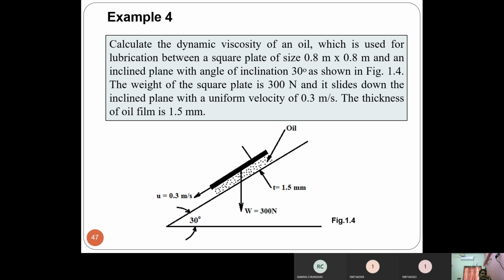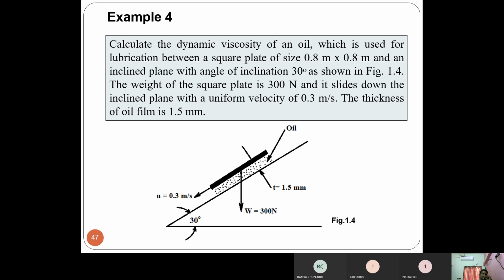This is 30 degrees and this is 90 degrees, so this angle is 60 degrees. Once we resolve it, whatever angle is present here, that angle will come with this weight vector: W cos 60. That is why we are taking 60 degrees.